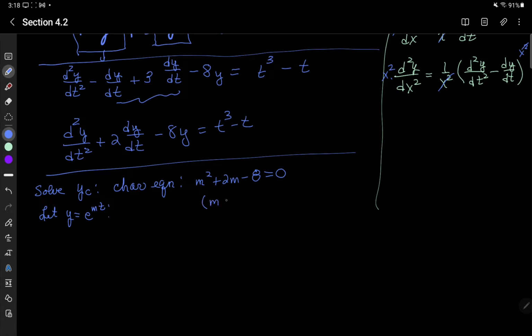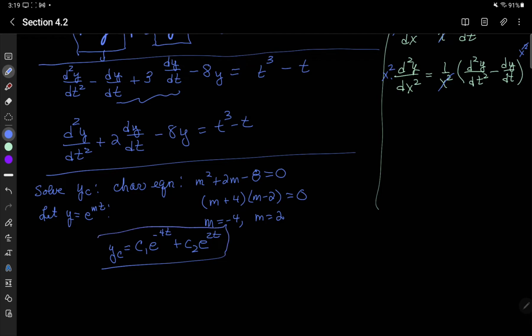I can factor this into m plus 4 times m minus 2. And I get m equals negative 4, or m is equal to 2. So I end up with my complementary solution as c1 e to the negative 4t plus c2 e to the 2t. We'll box that up.